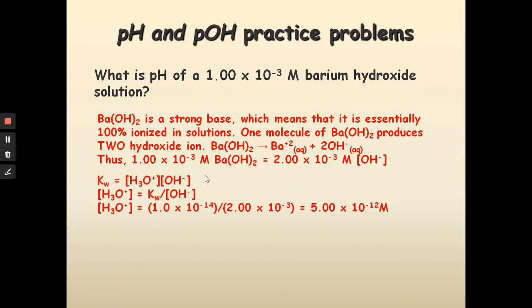Now, there are 2 pathways to calculate the pH from the concentration of OH. Depending on the problem, sometimes your answer will be different, as they will give you a different number of significant figures. One way to do this is to first calculate the pOH from the OH and then convert the pOH into the pH.